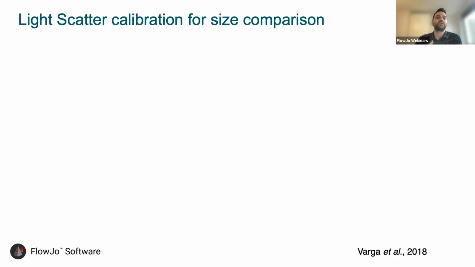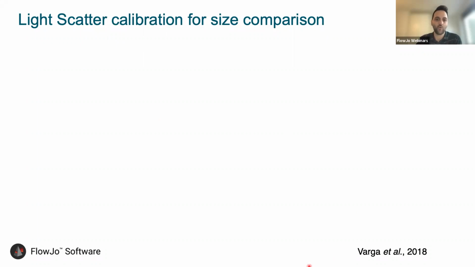Okay, so there are different kinds of calibration, and you can use different kinds of beads for calibration. The kind of calibration that we're talking about today concerns calibration through light scatter. The light scattering can be used for size or diameter calibration.